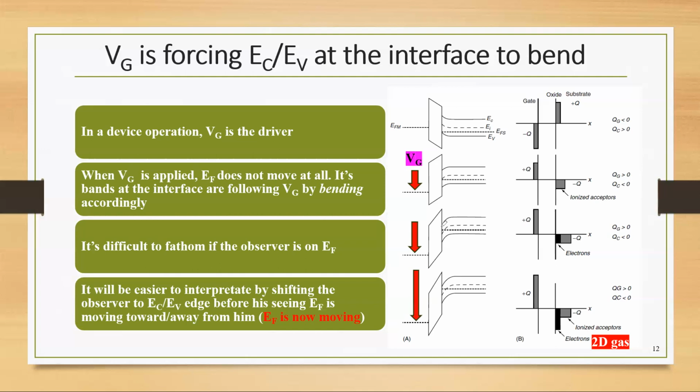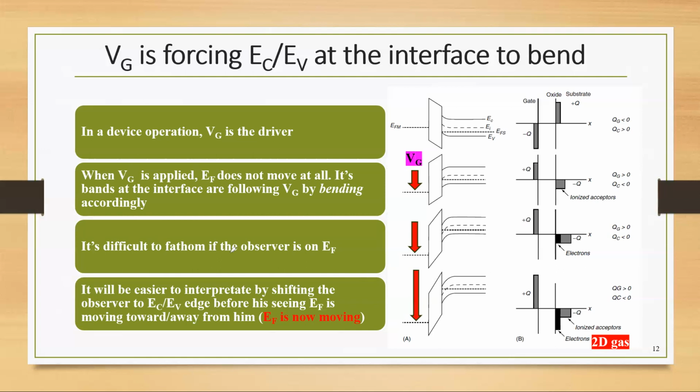Imagine you are sitting here, then you will see the Fermi level moving towards you. In effect, it's you who are moving. You're sitting at the band edge, you're moving. The Fermi level never moves. But for convenience, it's difficult to fathom, so we put the observer here, then we see the Fermi level moving around.